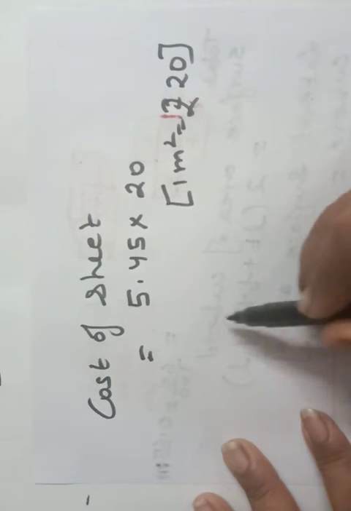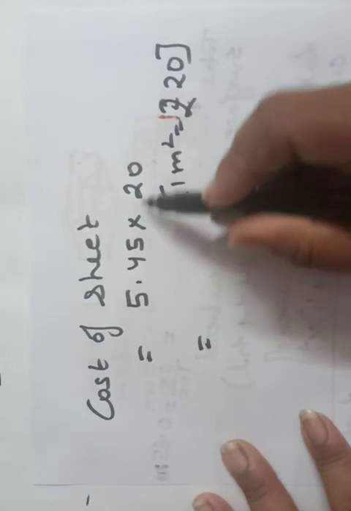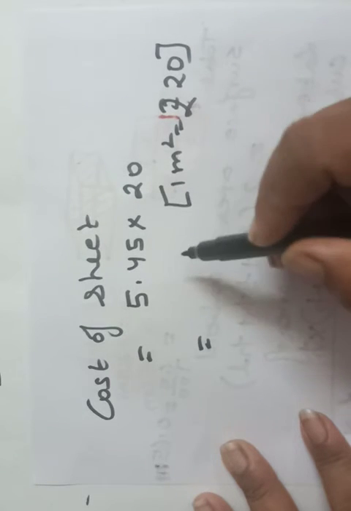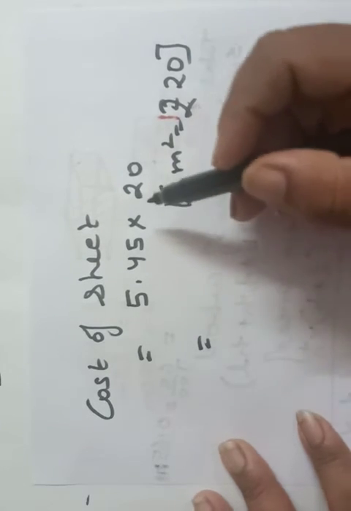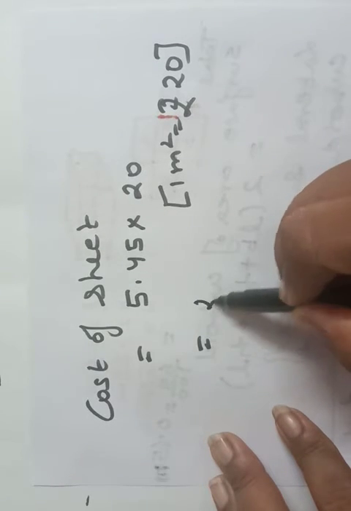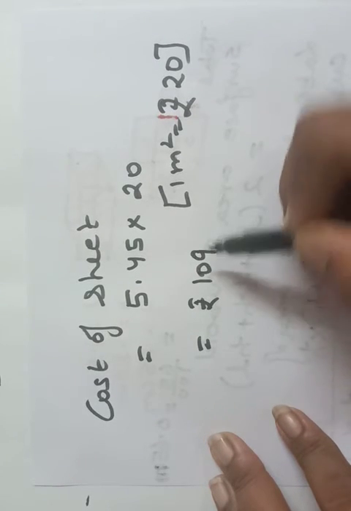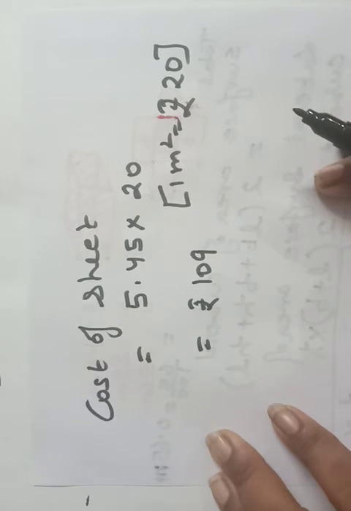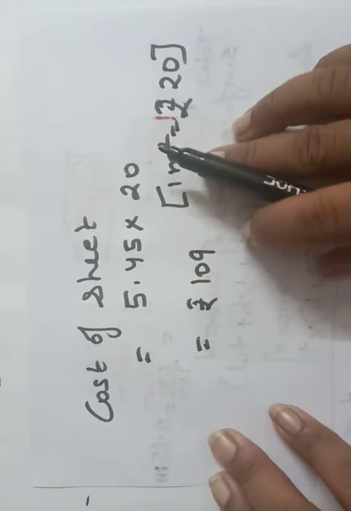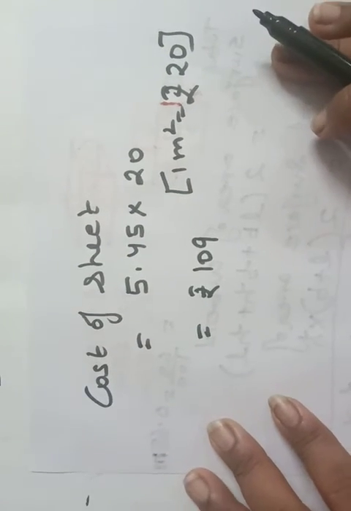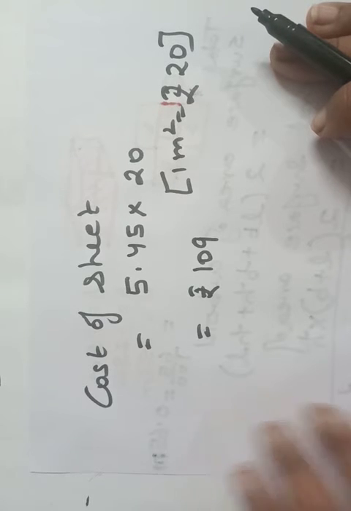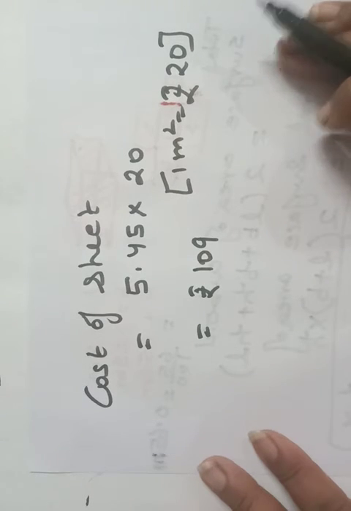Multiplying, we get 109. So the cost of the sheet is 109. I hope it is clear.